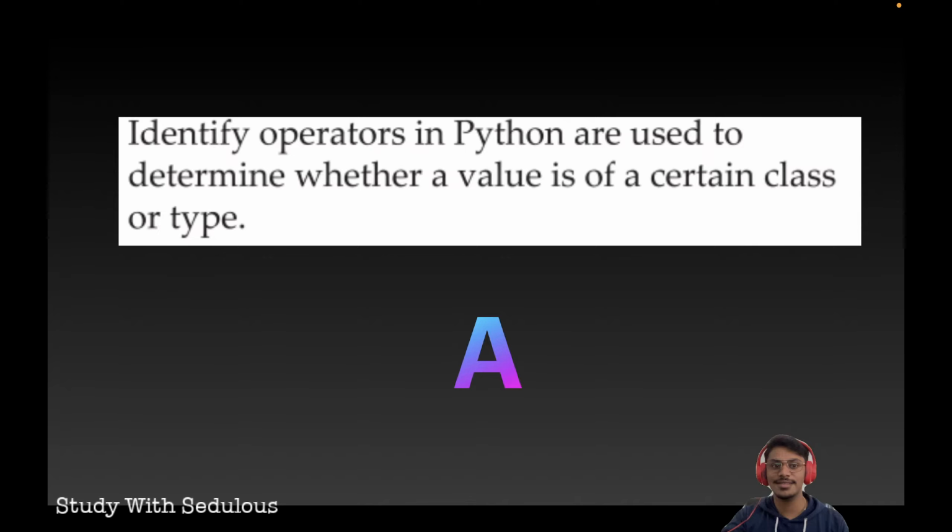Okay. Next, this function converts all uppercase letters in a string to lowercase letters. Which is it? Upper, lower, is upper, is lower. Looking into this, it converts uppercase to lowercase.